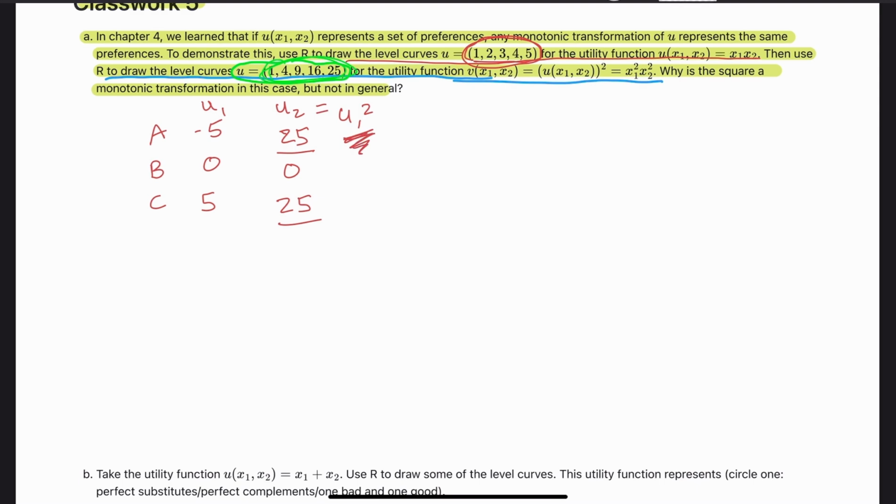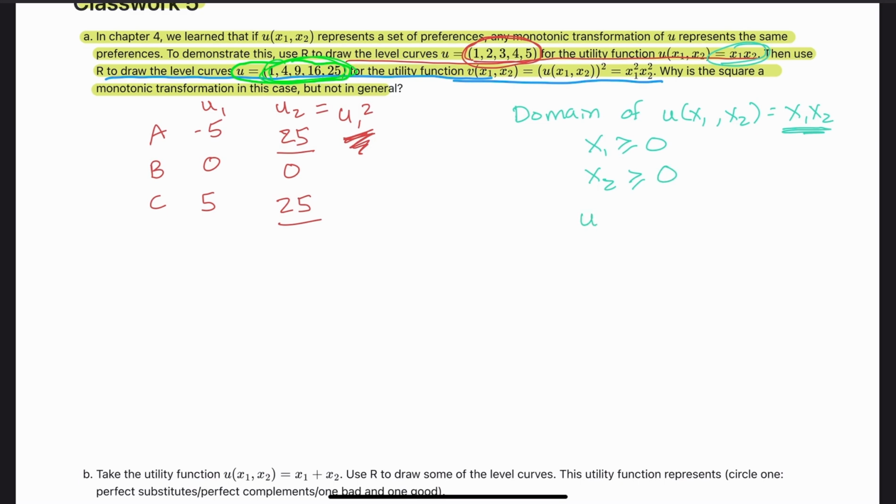But the key is the domain of U. Consider the domain of U. U is x1 times x2. x1 and x2 are the amounts of good 1 and good 2 that are in each bundle. x1 has to be greater than or equal to 0, and x2 is also greater than or equal to 0.